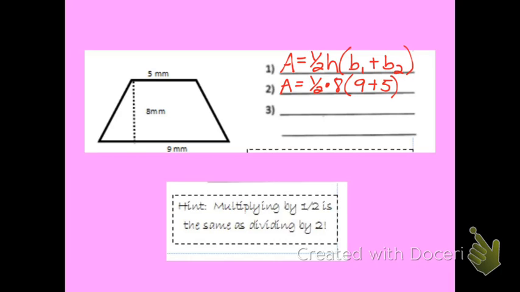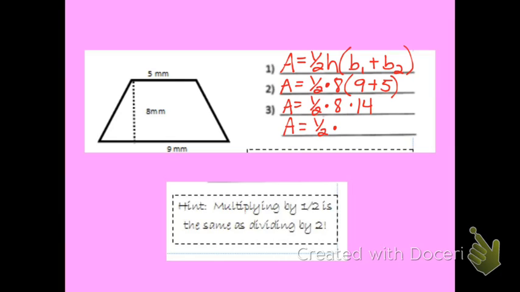And then we're going to follow order of operations. We do have to follow order of operations, at least to begin with. So area equals 1/2 times 8 times, what's 9 plus 5? 14. And then we can multiply in any order we want to. So we can have 8 times 14. I'll do it the longer way. 8 times 14. Who knows what that is? Who's got a calculator?